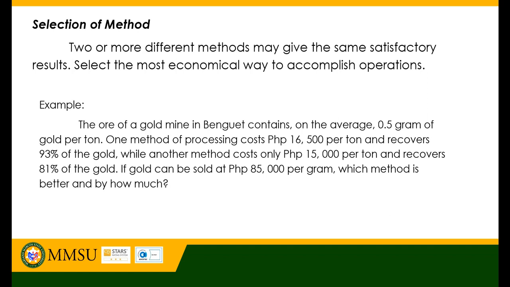So mas mahal yung unang method pero mas marami kang mare-recover na gold. Pangalawa, mas mura yung method pero mas maliit din yung makukuha mong amount ng gold. If gold can be sold at 85,000 pesos per gram, which method is better and by how much?